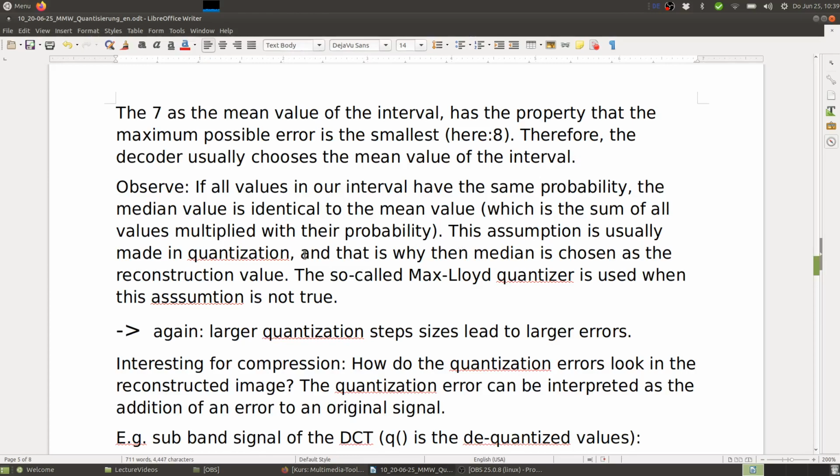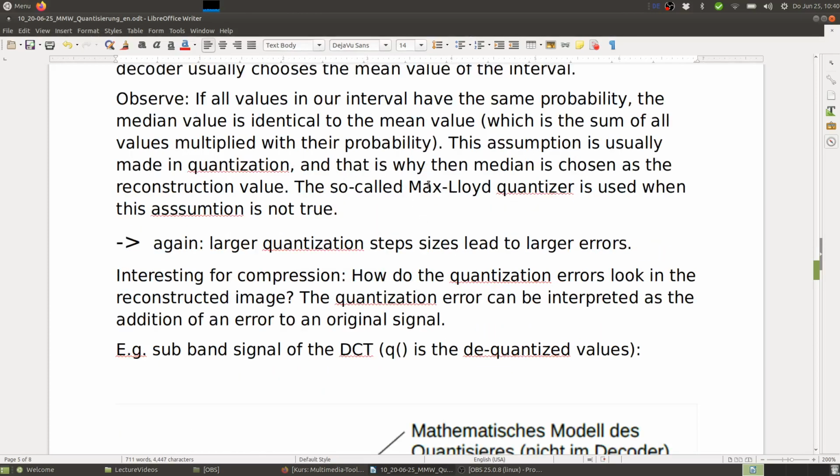This assumption is usually made in quantization, and this is why the median is chosen as the reconstruction value. The so-called Max-Lloyd quantizer is used when this assumption is not true. So this is a more sophisticated quantizer for unequal probability distributions. Again, larger quantization step sizes lead to larger errors.